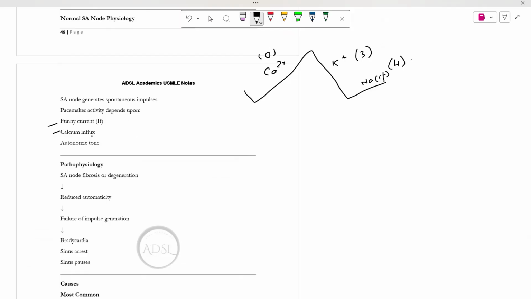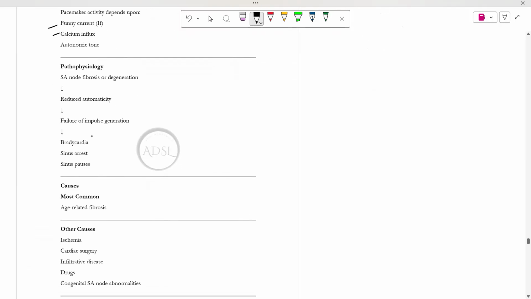If there is degeneration or fibrosis of the SA node, this automaticity, that means the ability to produce impulse, decreases. Remember, if it goes lower than a particular limit, then the AV node will take over. If the SA node fails, then the AV node will take over.